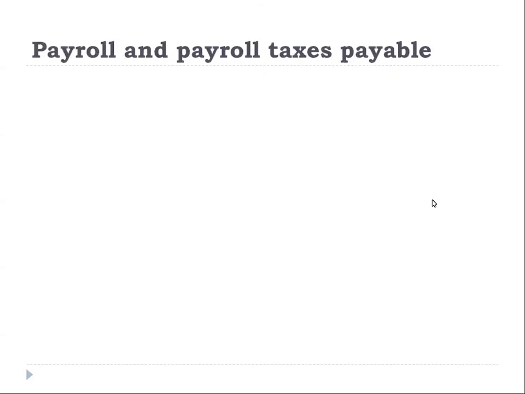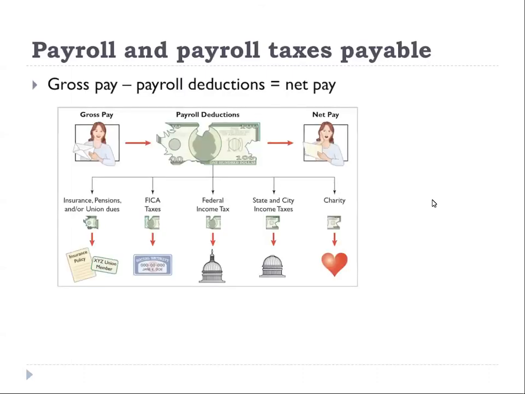The other kind of current liability is called payroll and payroll tax payable. And in order to talk about this, let's talk briefly about payroll. If you have worked before, you should know that your gross pay doesn't equal your net pay. Your net pay is whatever pay you receive, and your net pay is calculated based on your gross pay. What's the difference between those two?